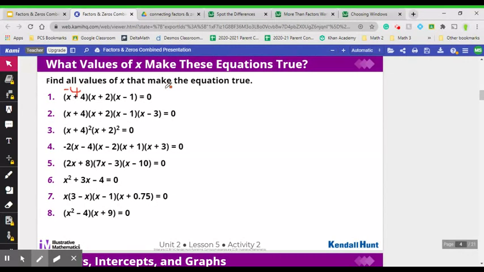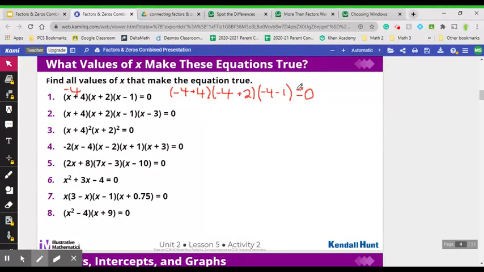If I put -4 into all those x's, I would have -4 plus 4, and then I would have -4 plus 2, and I would have -4 minus 1. And in theory, all of that should be equal to 0.